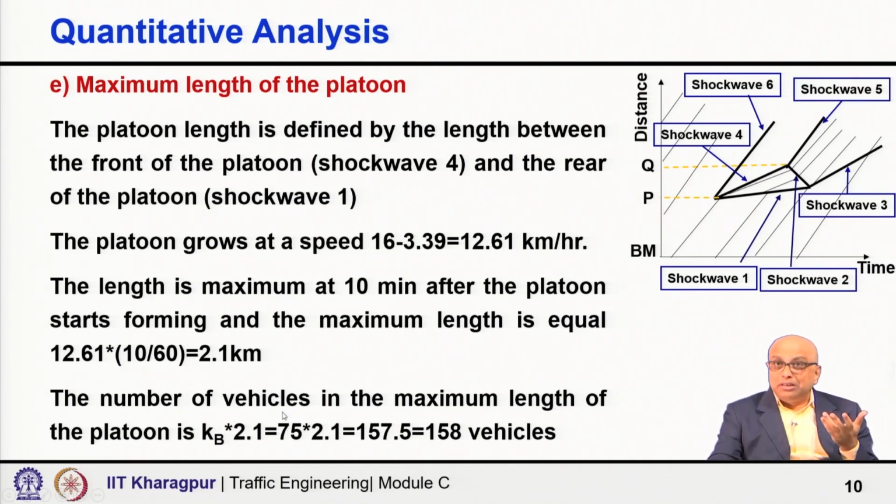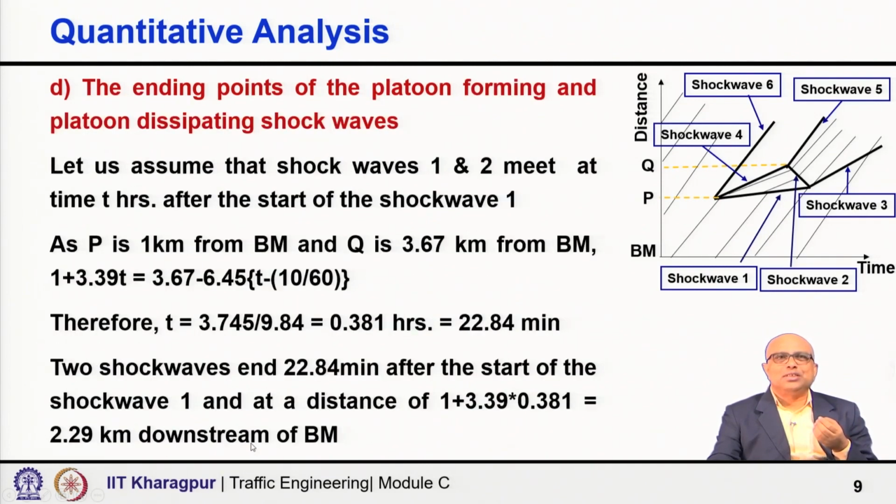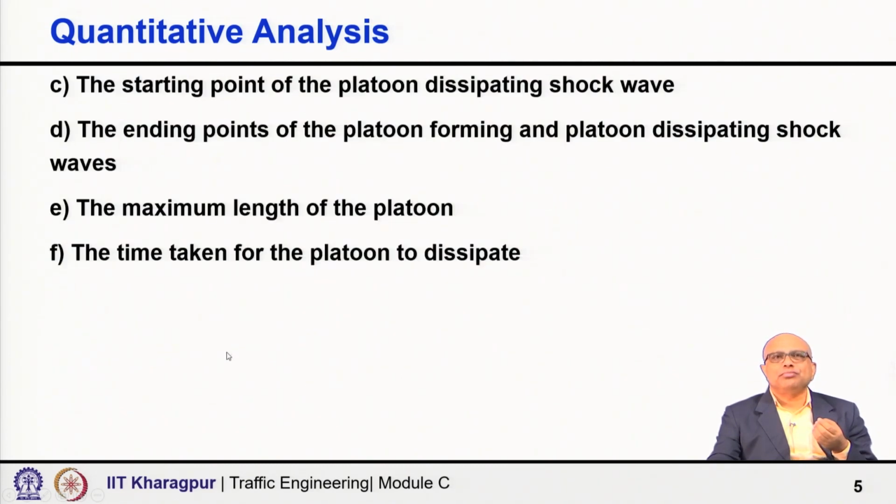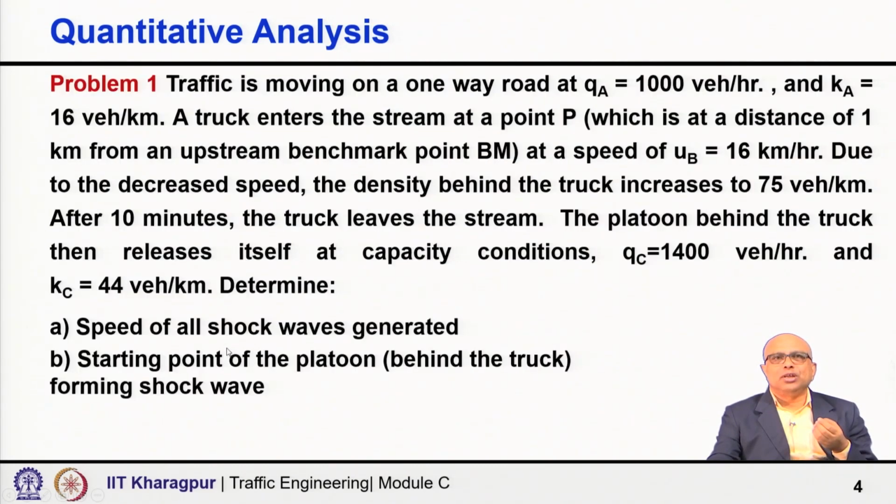And how many vehicles will be there? Now, you know the density of the traffic state. What is the density of the traffic state B? 75. It was also given, 75 vehicle per kilometer.